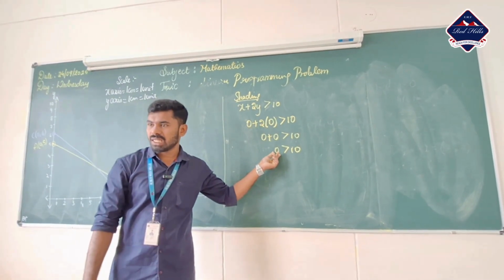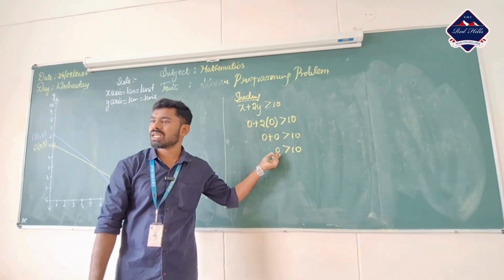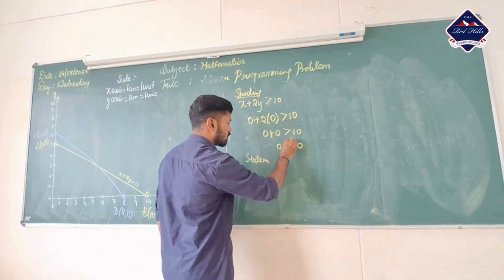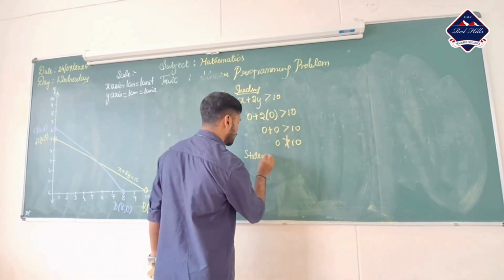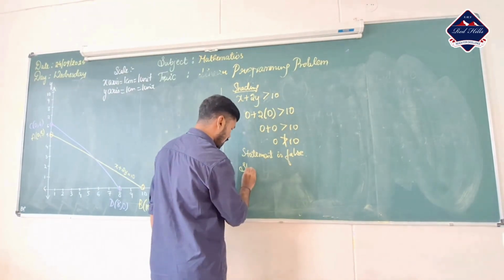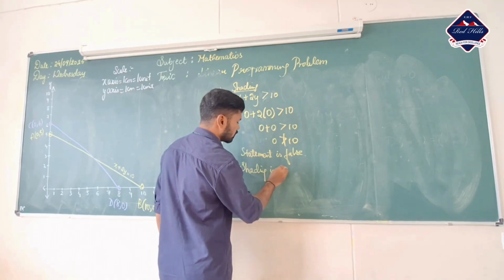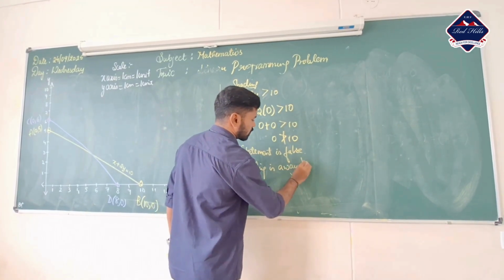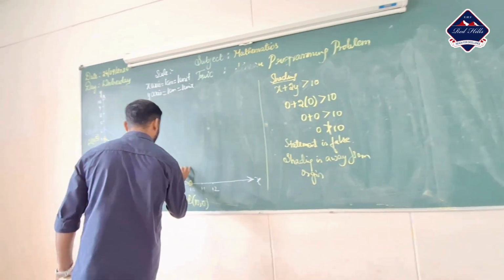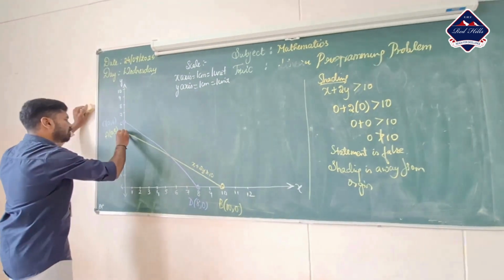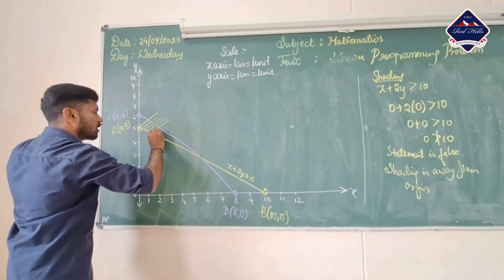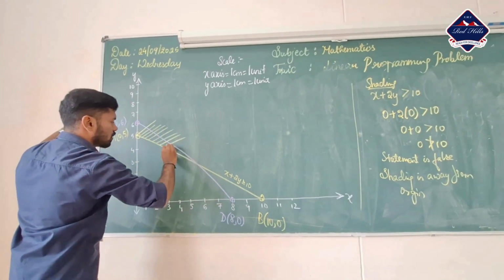Is 0 greater than or equal to 10? No way. So the statement is false. 0 can never be greater than 10. So the statement is false. Shading is away from the origin. Kindly look here, children. This is shading away from the origin.